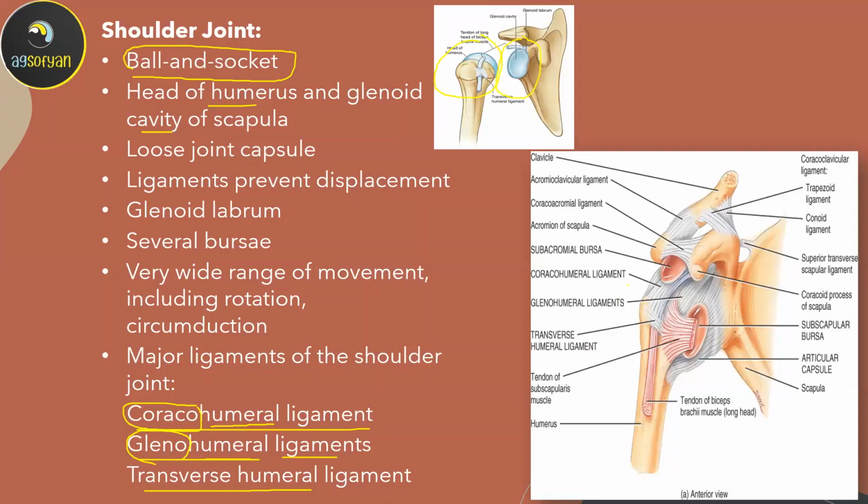So the coracohumeral ligament, glenohumeral ligament, and the transverse humeral ligament, transverse straight. And these are the 3 main ligaments in the shoulder that give strength to the shoulder joint. So we can move our shoulder joints easily, and that movement will keep the bones in place because of these ligaments.